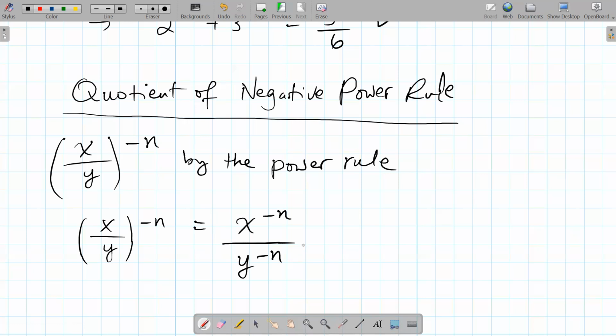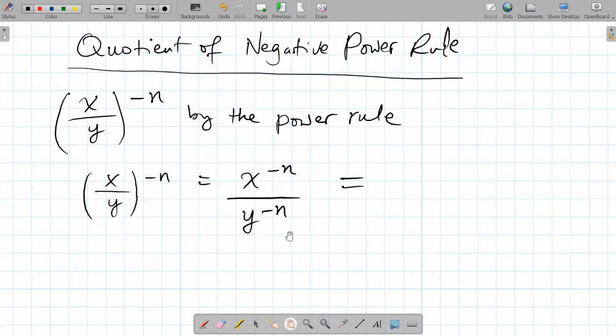And this power there is what? Negative n. Okay. Now, we understood from the beginning that anytime you have a negative exponent, you need to change it to a positive exponent. And what it does is that it changes its position to become positive. So if I'm going to change x raised to negative n to a positive n, then I need to change the position from numerator to denominator.